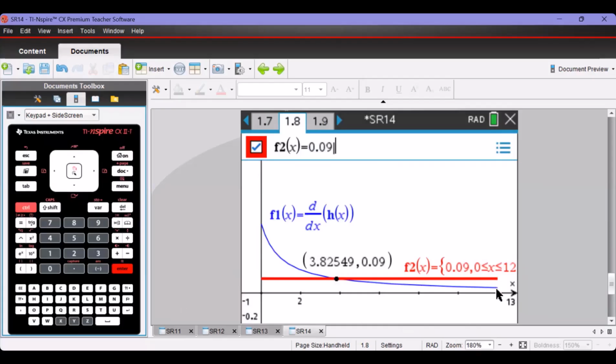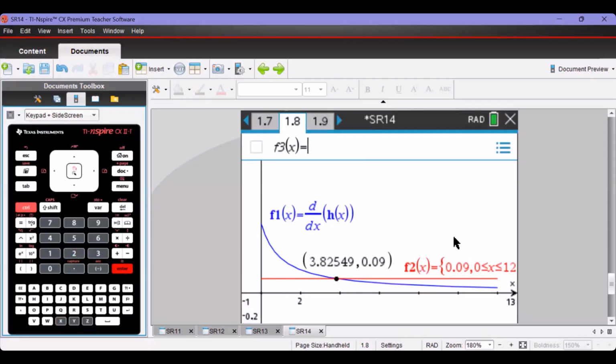The derivative is not defined there at 12. So now we type in 0, control equals, less than x, control equals, less than 12. That's how you key that in and press enter. Now nothing changed because I keyed it in correctly.